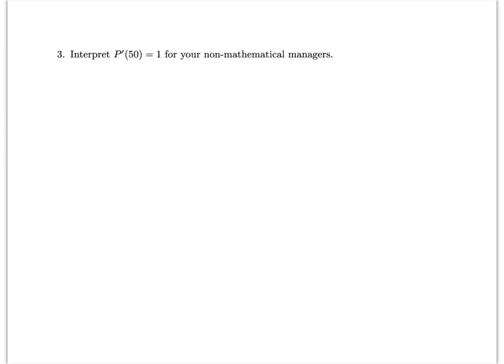So now we want to interpret P prime of 50 equals 1. So 1 is 1% per $1,000. The 50 is the same input as before. It's when we spend $50,000. And then let's think about the units on the 1.